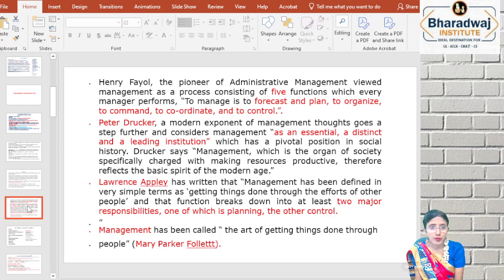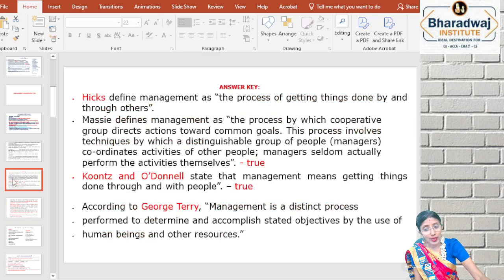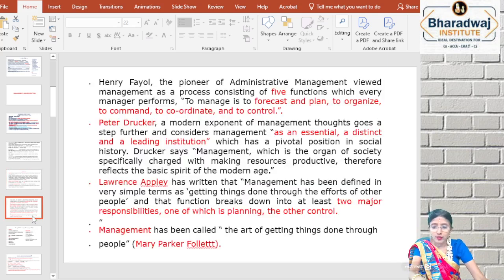By and through others was given by Hicks. Through and with people is Kuhns and O'Donnell. And through people alone is Follett. Mary Parker Follett. Last one.